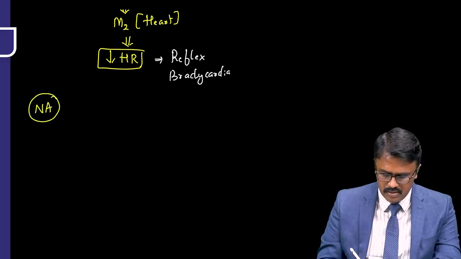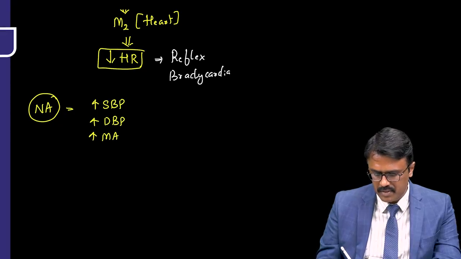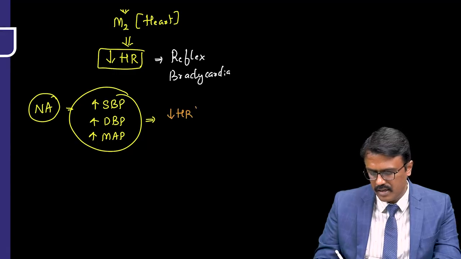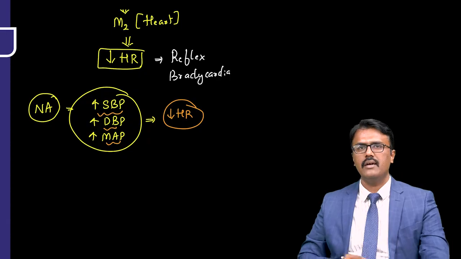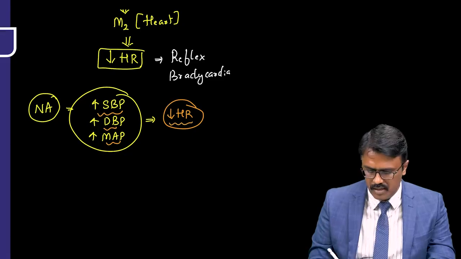Noradrenaline generally increases the systolic, increases diastolic, and increases mean artery pressure, followed by a decrease in heart rate, that is reflex bradycardia. So this is the point you have to keep in your mind whenever they ask you about noradrenaline. So initial tachycardia, but there is what you see, a reflex bradycardia.